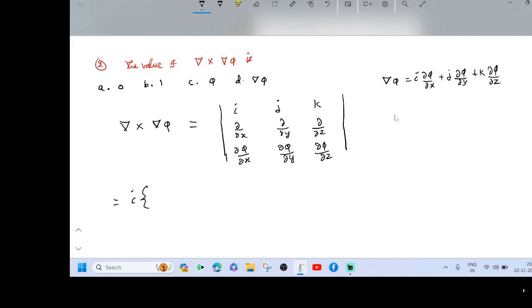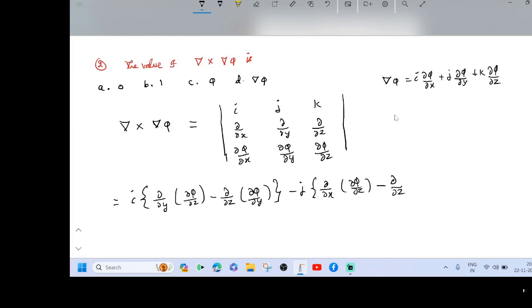This is equal to i into dou by dou y of dou pi by dou z minus dou by dou z of dou pi by dou y, minus j into dou by dou x of dou pi by dou z minus dou by dou z of dou pi by dou x, plus k into dou by dou x of dou pi by dou y minus dou by dou y of dou pi by dou x.